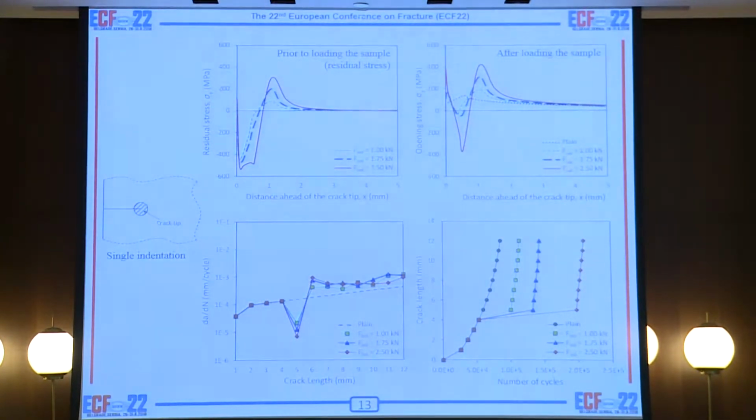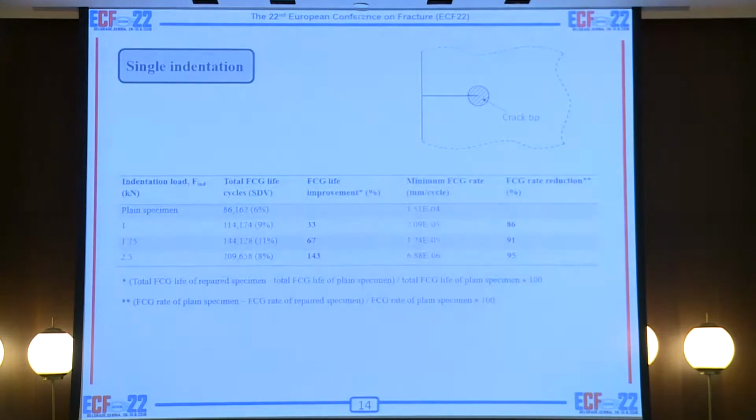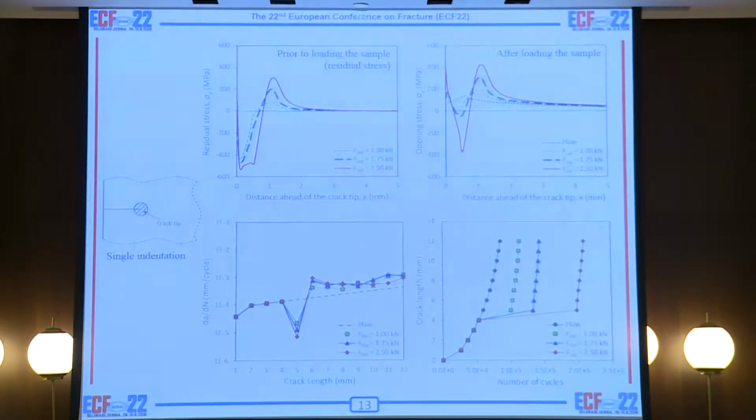In this case, we were able to capture 143% of fatigue crack growth retardation, which is almost having a double life from a cracked component. An important issue is that in this single indentation case, you can see that the compressive residual stress is followed by a tensile residual stress due to the equilibrium of the forces around the indented area.